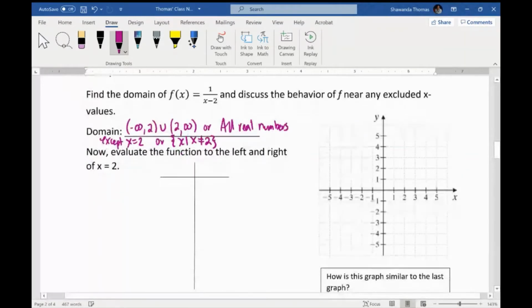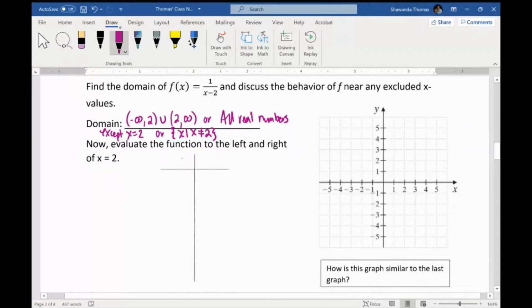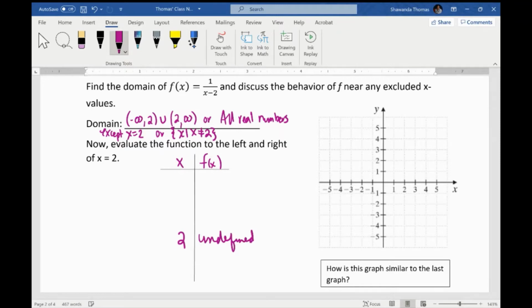All right, let's try this again. If we plugged 2 into this function, what would we get? Undefined. Thank you. So what I'm going to do is put a dashed line at x equals 2 right here, because our graph, believe it or not, is not going to cross it.